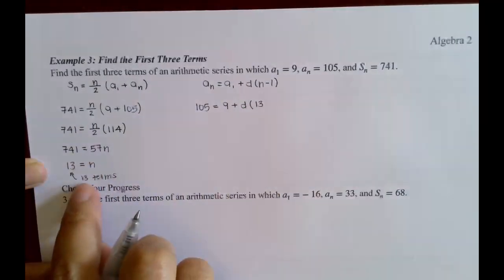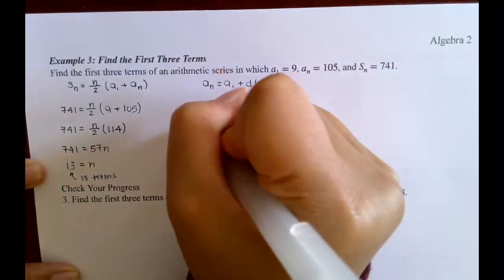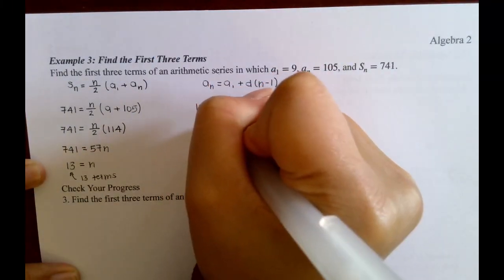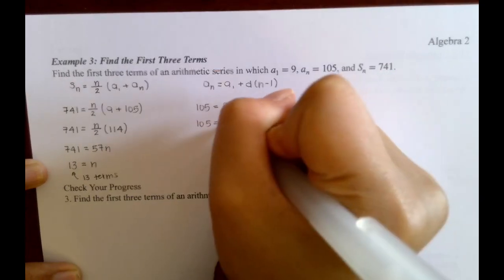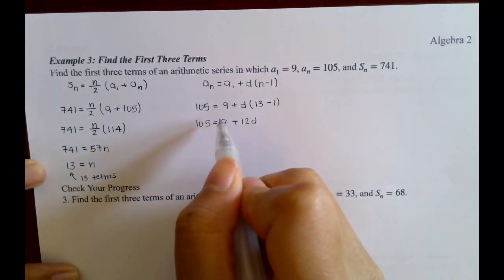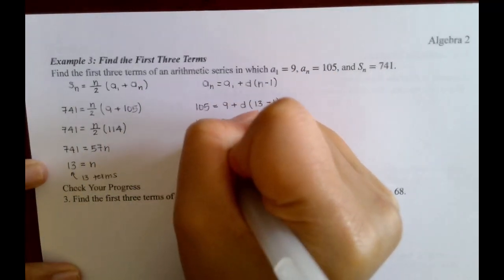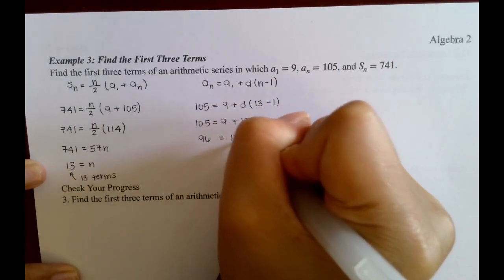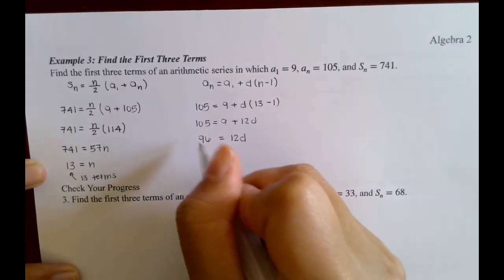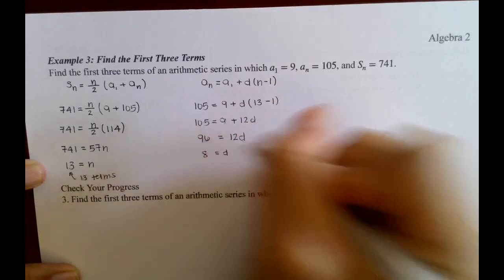Again, this is the 13th one, minus 1. So 13 minus 1 is 12, so this is 12d. I'm going to subtract 9 on both sides, and that gives me 96 equals 12d. Divide by 12 on both sides, and that means 8 equals d.